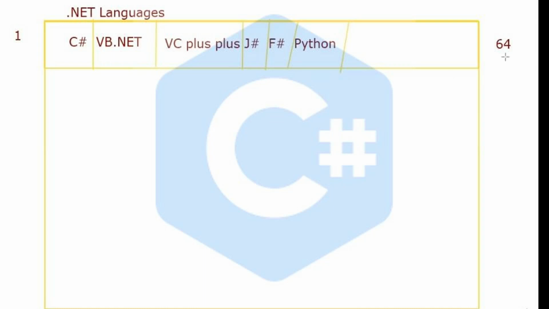But there is one rule. Since we have lakhs of programming languages but we are supporting only 64 plus, there are certain rules.